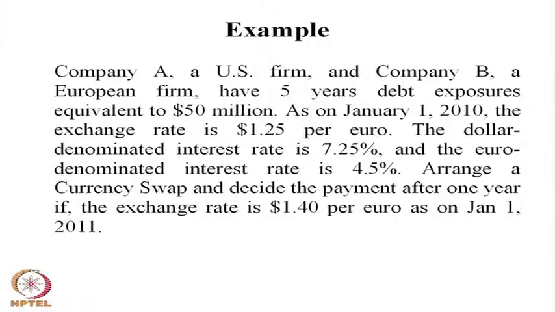You have to arrange a currency swap, as on January 1st 2011, when the exchange rate is 1.40 dollar per euro. So here there are two companies, two different currencies, the amount of transaction is 50 million, and two different interest rates, the dollar interest rate and the euro interest rate.